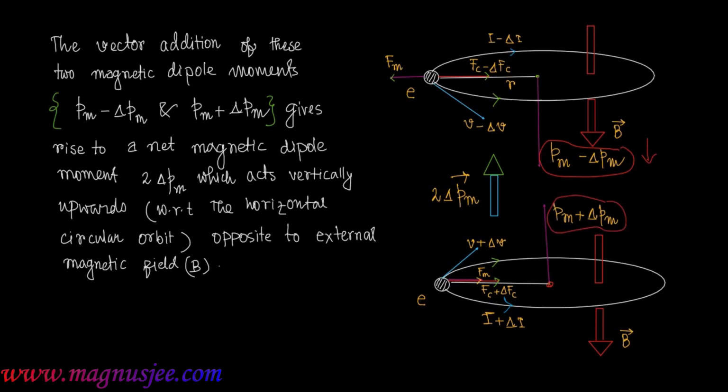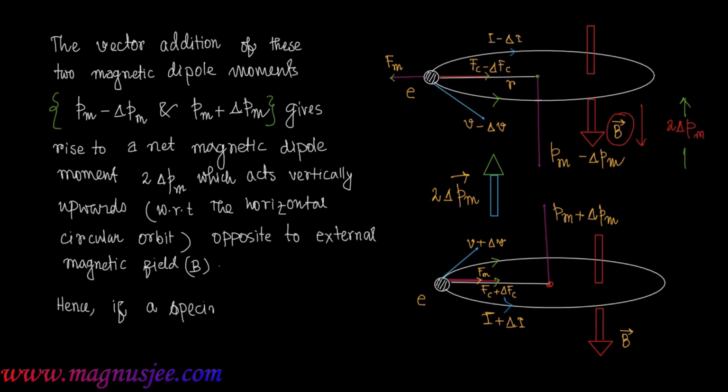Similarly, the magnetic dipole moment in connection with the electron revolving in the clockwise direction acts vertically upwards, opposite to the external magnetic field B, and the net magnetic dipole moment 2 delta Pm acts upwards in the opposite direction of the applied external magnetic field B. 2 delta Pm is the net induced magnetic dipole moment.